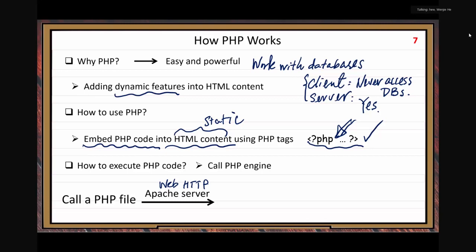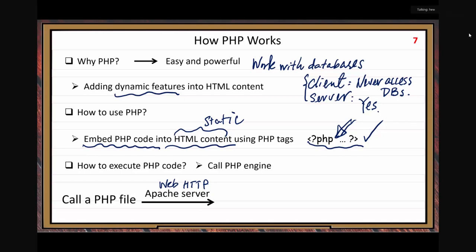First, the Apache server needs to know this is a PHP file, because the user may send other types of files: HTML files, PDF files, image files. The user may request other files, not necessarily PHP.